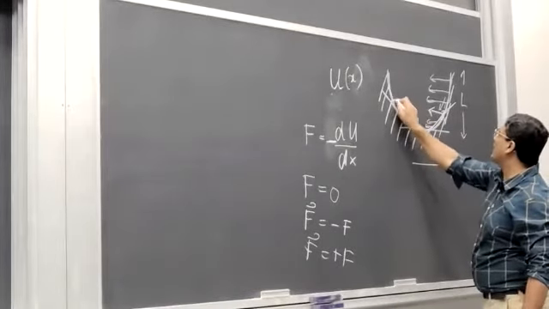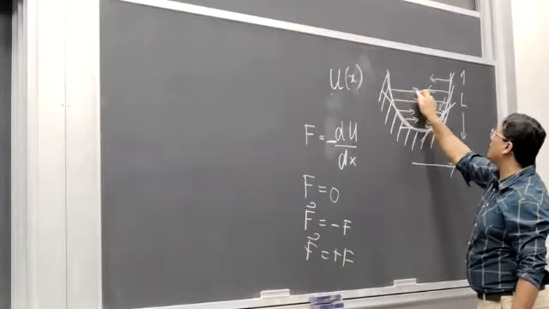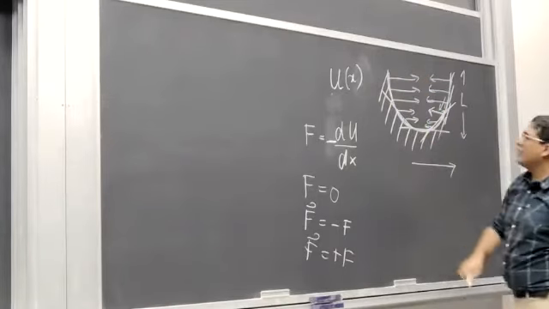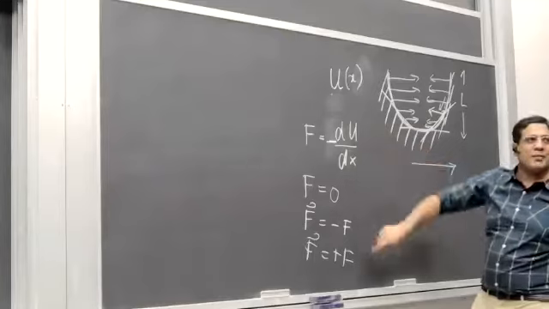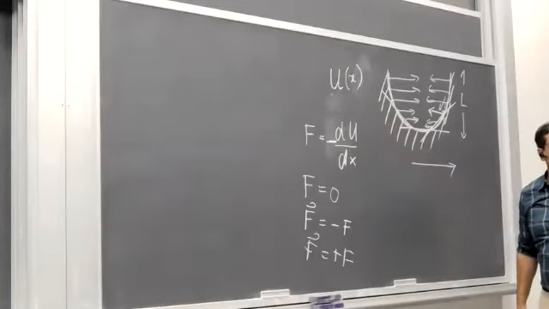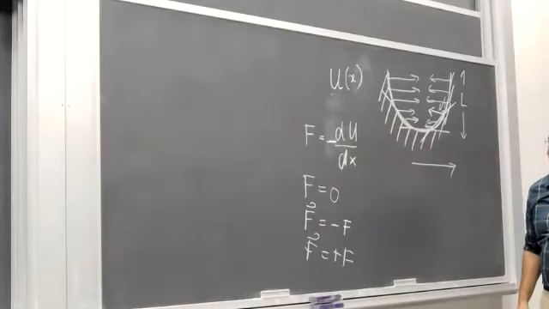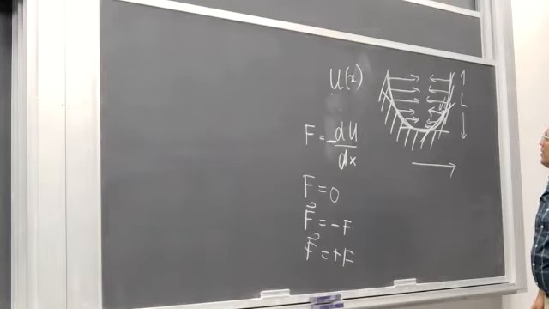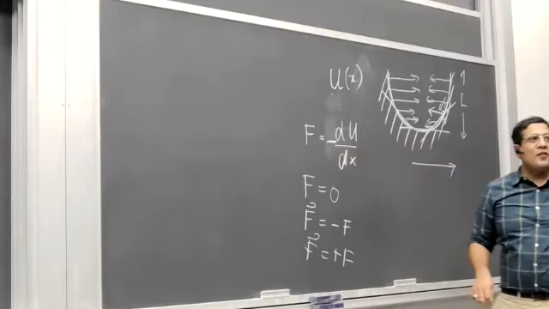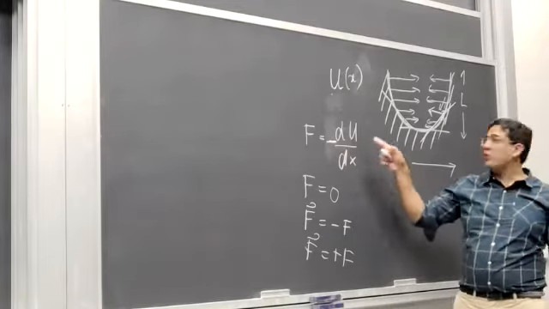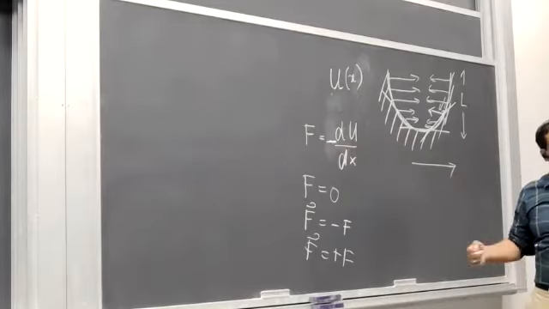It's acting in this direction and its magnitude increases. Okay, so this is how the force and potential energy are related to each other. And the negative sign always tells you which direction the force is acting due to a given potential energy surface or potential energy function.